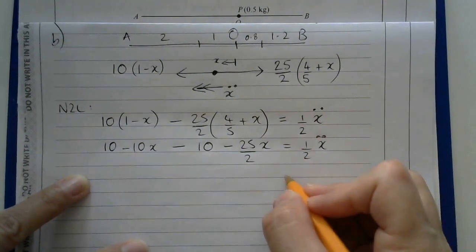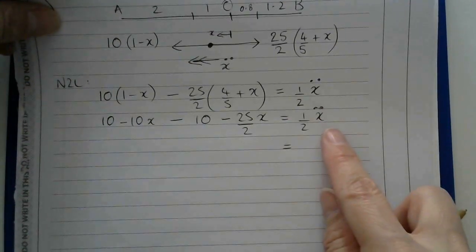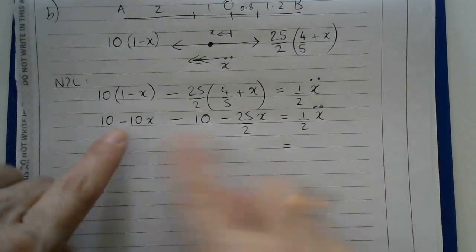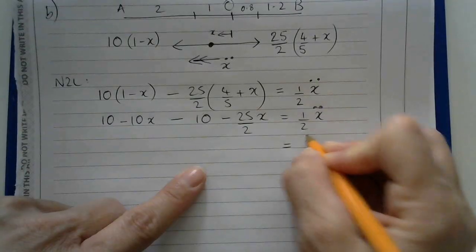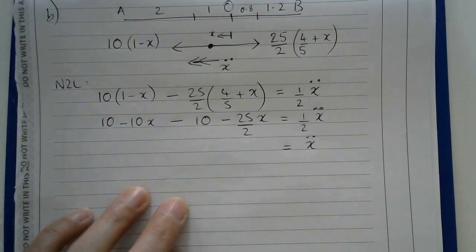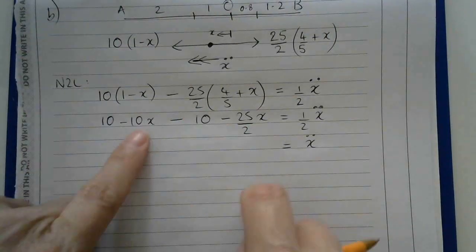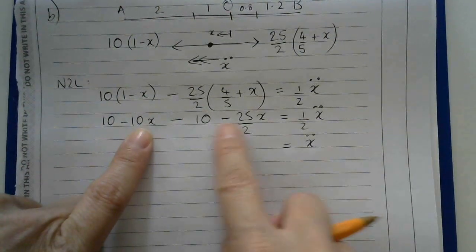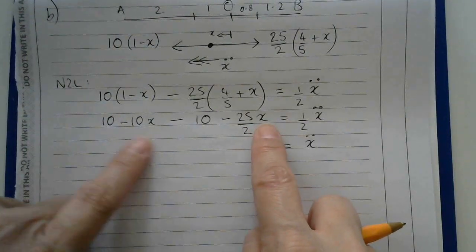Okay, so to show simple harmonic motion, I'm trying to get x double dot as the subject. So now I need to simplify this and multiply everything by 2. So here I have 10 subtract 10, so these two parts disappear. I have negative 10 minus 25 over 2 x.